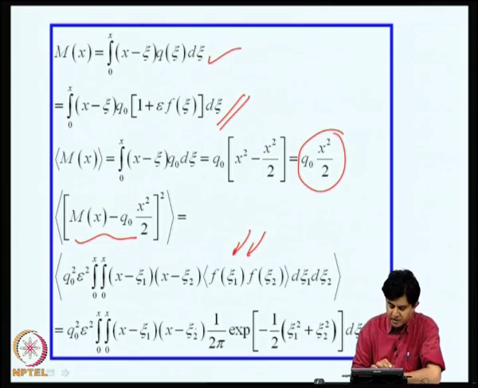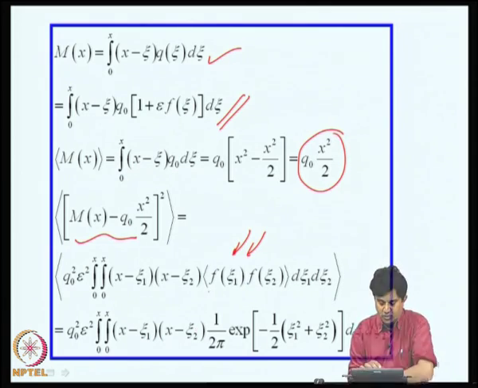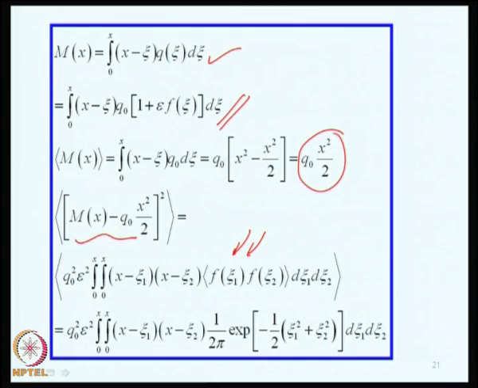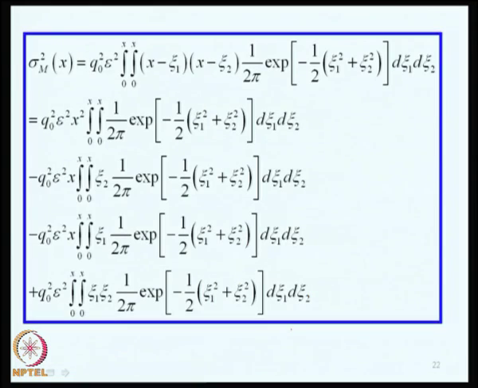Now, the autocovariance of f of psi is given to be of this form. You can recognize that this has the form of a Gaussian probability density function. So, you can quickly see that we are writing expressions for expected values of Gaussian quantities, therefore, evaluation can follow simple rules. Following that, the limits are from 0 to x, that has to be borne in mind.